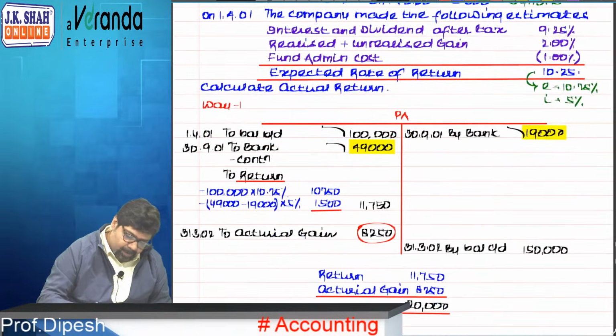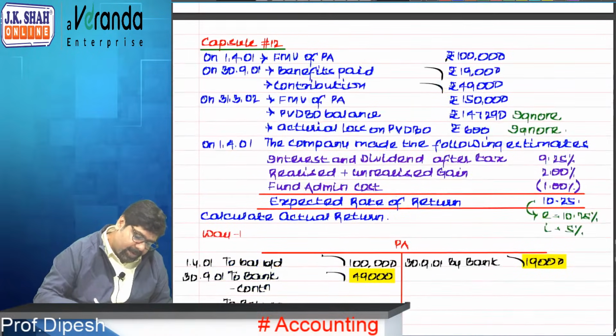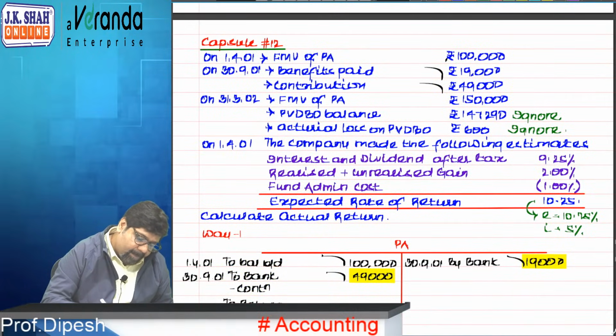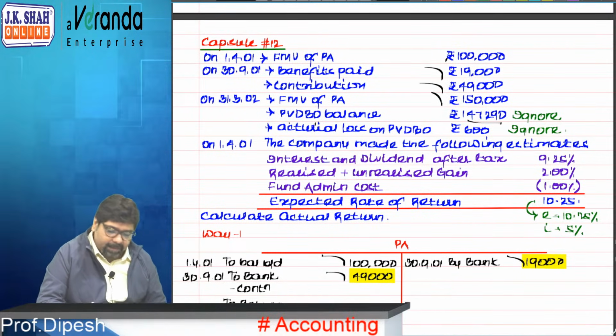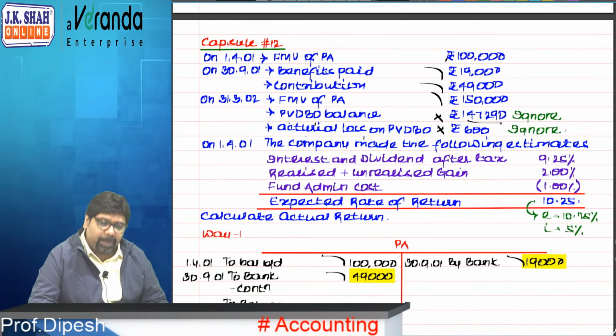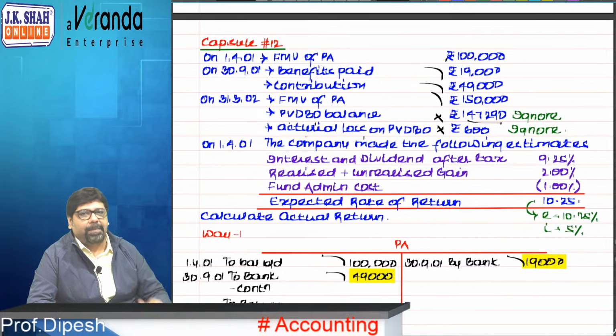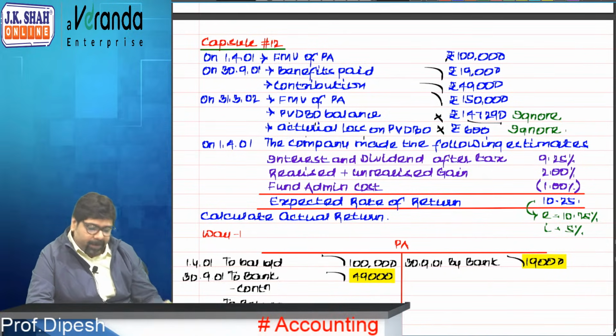Plan assets closing value 1,50,000, fair market value closing. PVDBO balance I am not interested in because I am preparing plan assets. Actuarial loss in PVDBO, that also I am ignoring. Why? Because I am interested in plan assets. Actuarial loss in PVDBO will impact my PVDBO account.